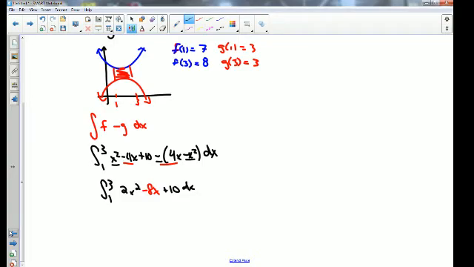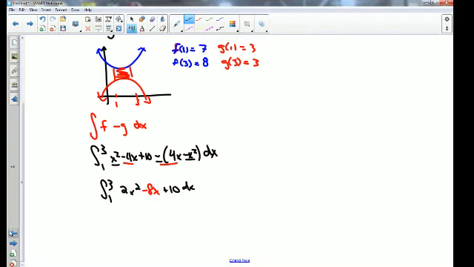Minus 8. And then what is the exponent? It's 1 right now. What does that mean to you?